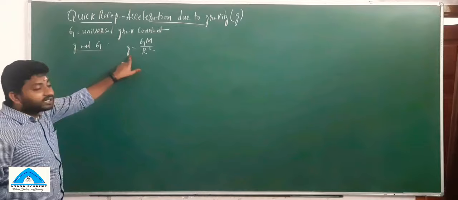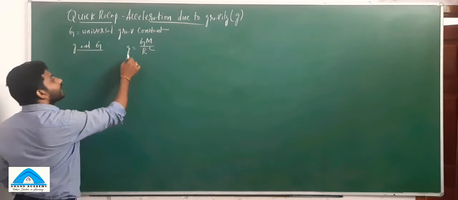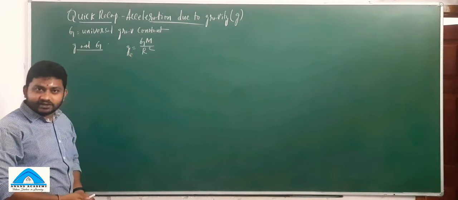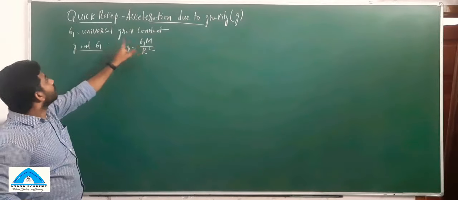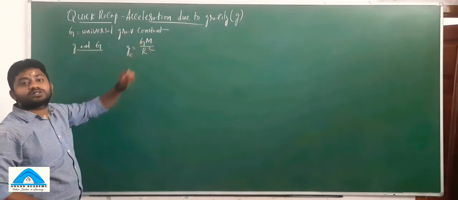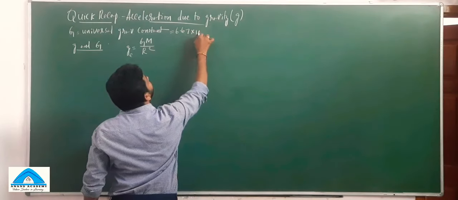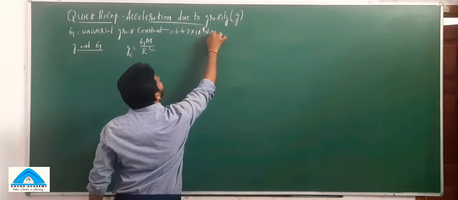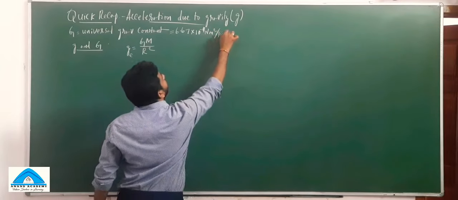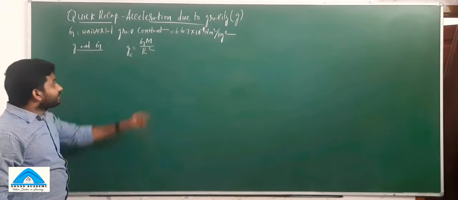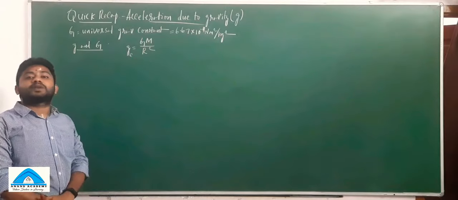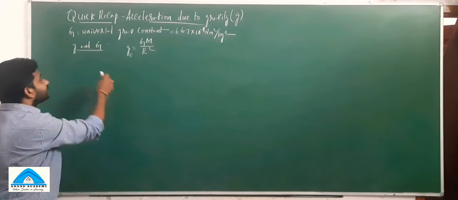So what is this g here? Acceleration due to gravity on the Earth's surface. What is this capital G here? Universal gravitational constant, whose value is 6.67 into 10 raised to minus 11 Newton meter square per kg square. And this m is the mass of the planet. I'm just writing the same here.